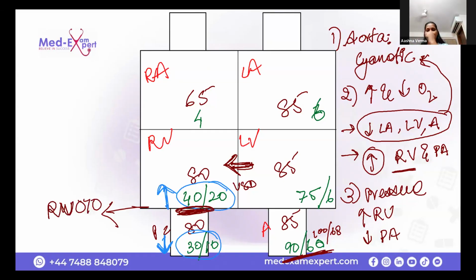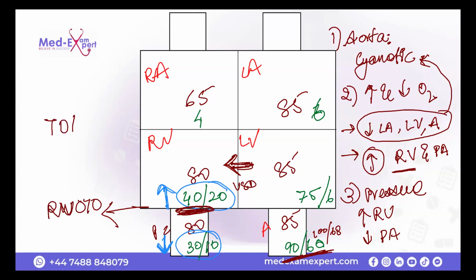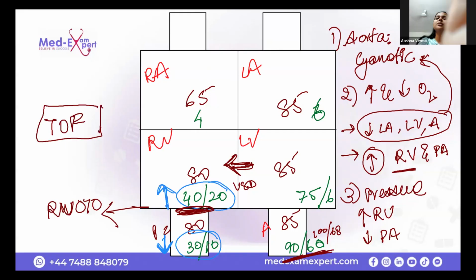And VSD with right ventricle outflow tract obstruction is a component of tetralogy of Fallot. So you're very right, Doctor Kapta.